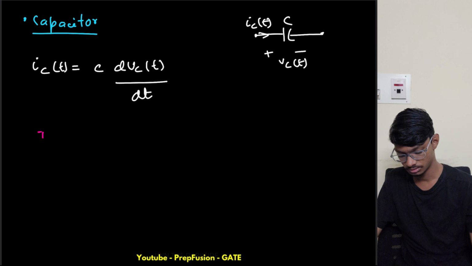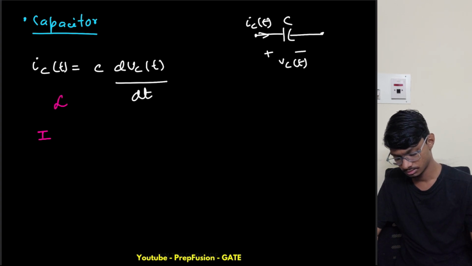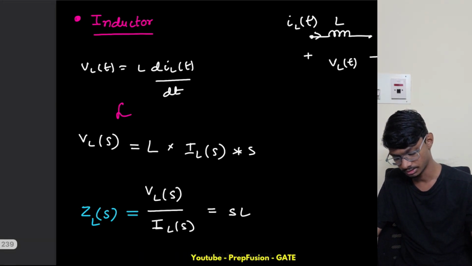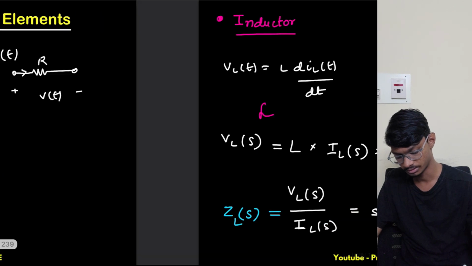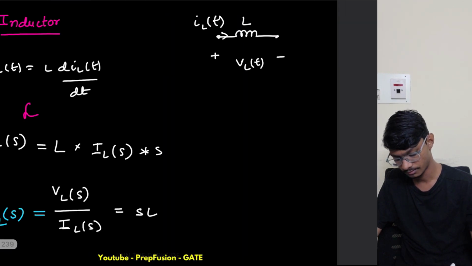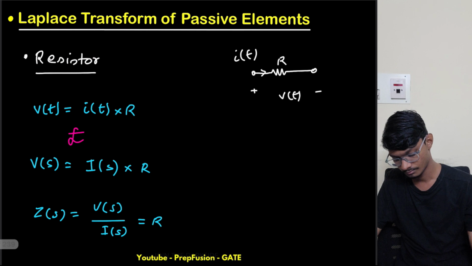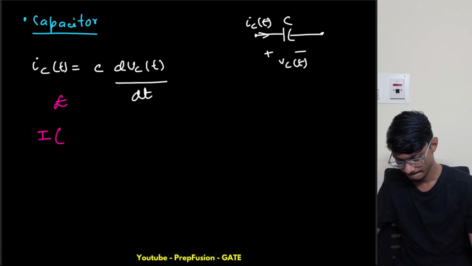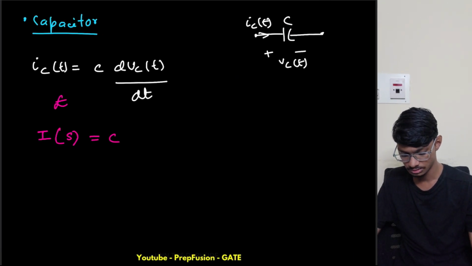So let me write the Laplace here. We're taking the Laplace transform, else you will not be able to understand. So the Laplace transform is IC of S equals C times VC of S times S, right? We have to multiply by S also.